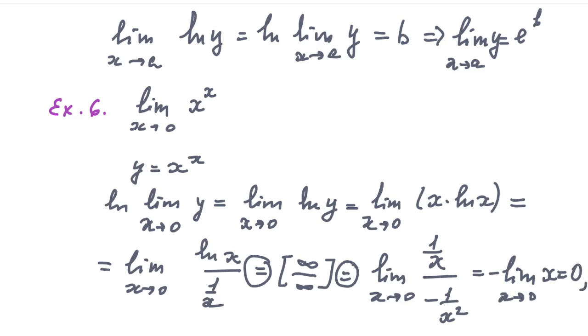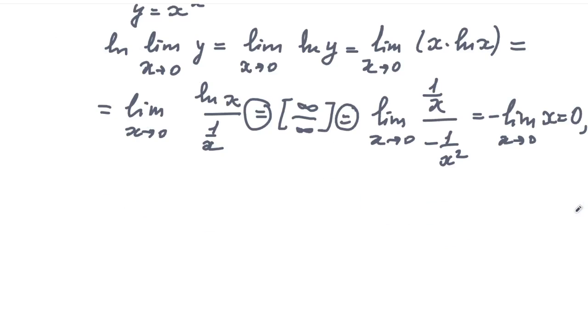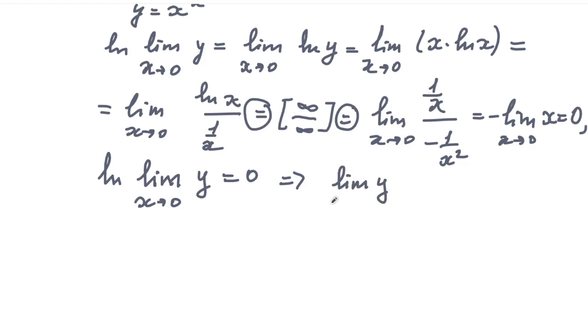Consequently, natural logarithm of limit as x approaches 0 of y is 0, whence limit of y as x approaches 0 is e to the power of 0, or 1, or limit as x approaches 0 of x to the power of x is 1.